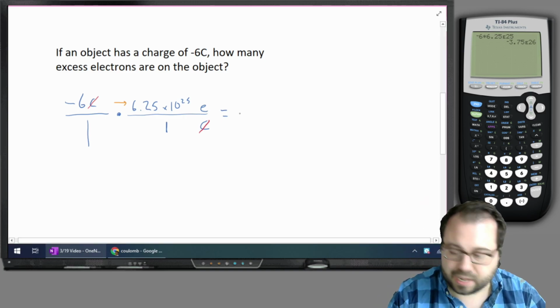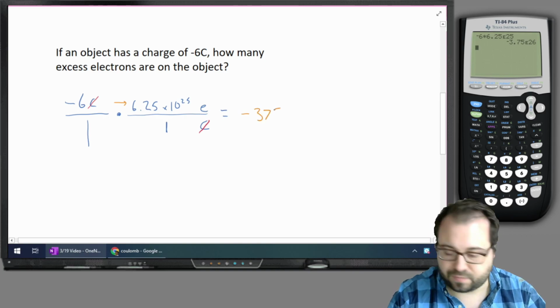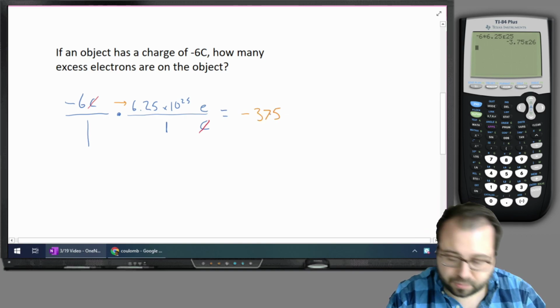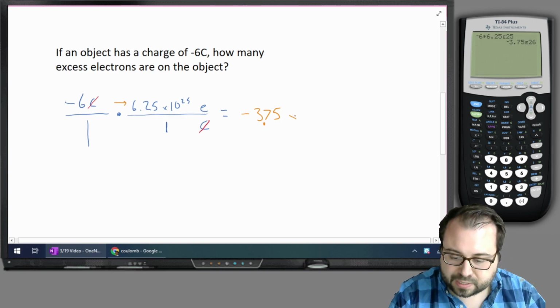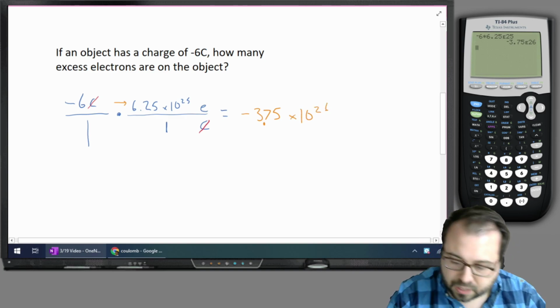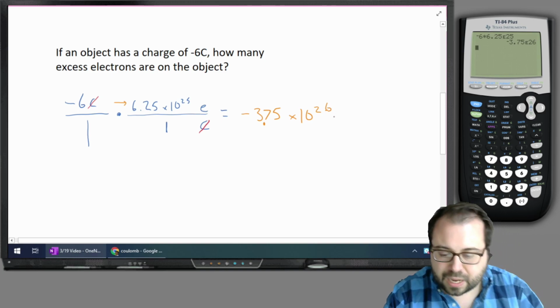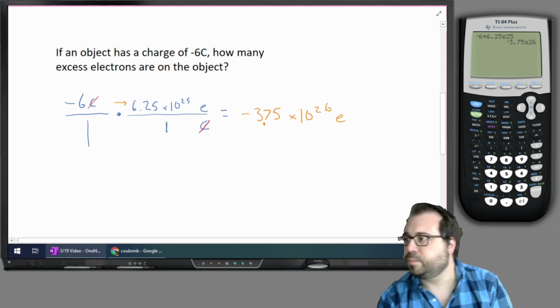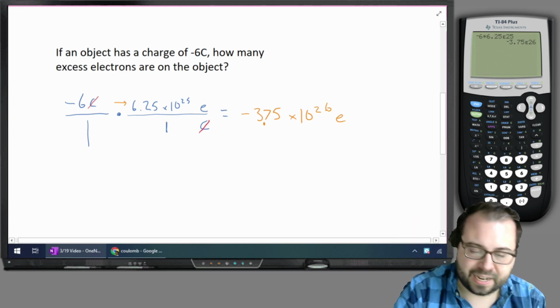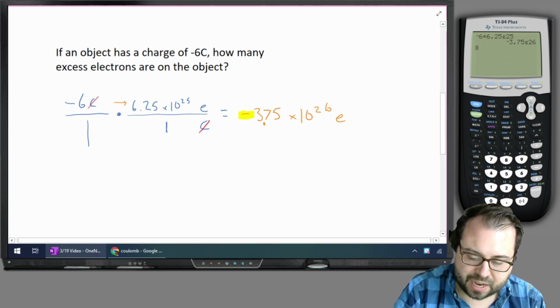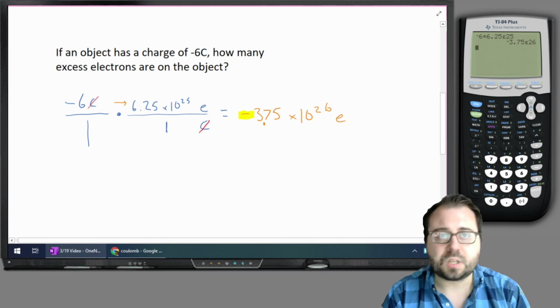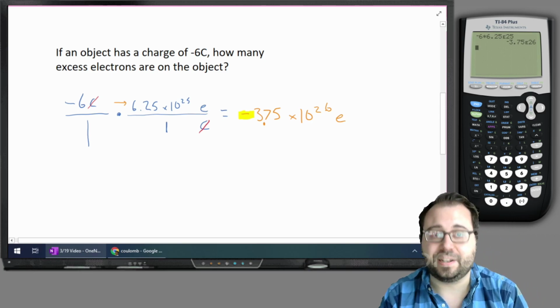So I've got -3.75 times 10 to the 26th. So I end up with this many elementary charges. So what does the negative sign indicate to us here? This negative sign is just indicating that it is a negative charge.